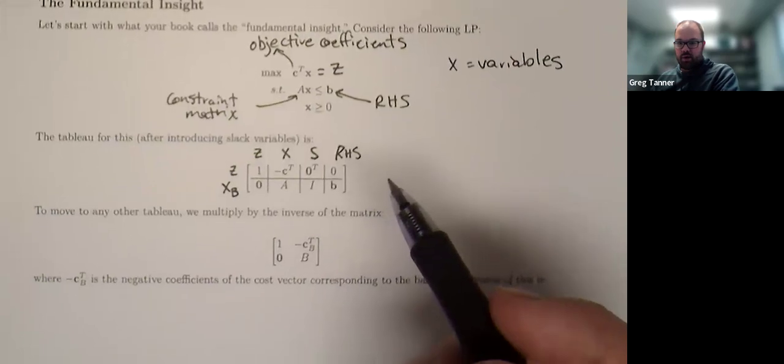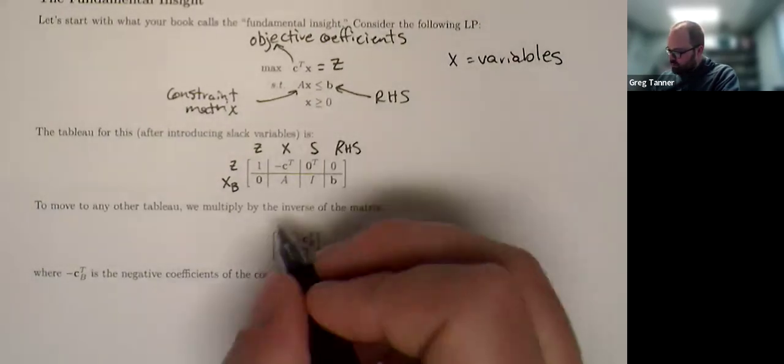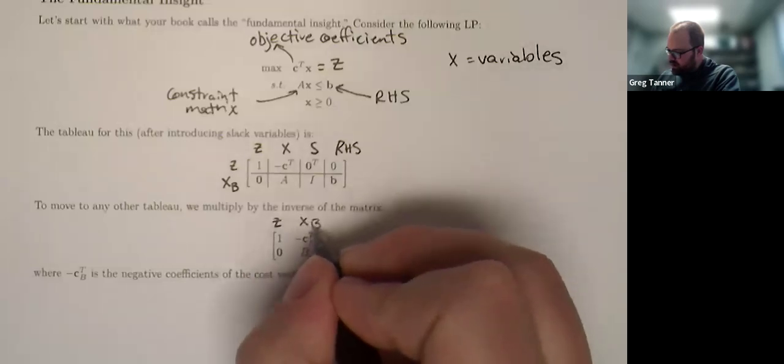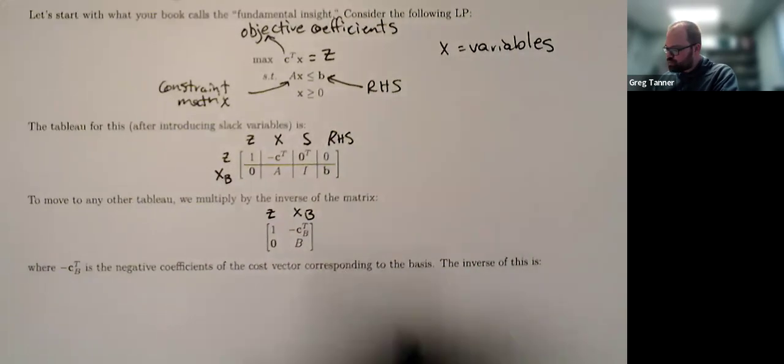Okay. And so when we choose our basis, remember we always have Z in our basis, and then all the columns that correspond to our basis, we'll call those XB, representing all the variables in our basis.